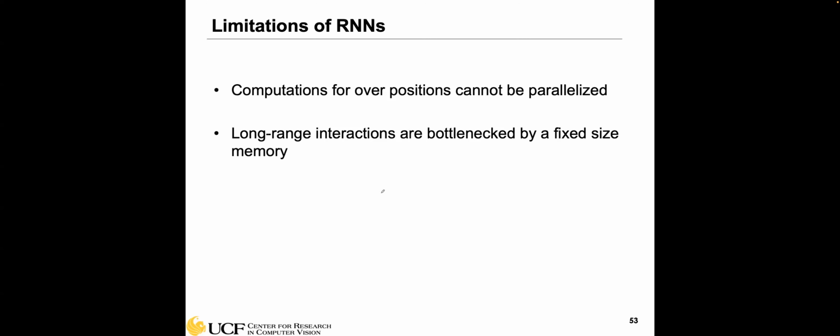Also, long-range interactions are bottlenecked by the fixed-size memory, which means you can only memorize short-term memories. You're not able to look at a very long sequence, like a two-hour-long video, and memorize that kind of long-range information.